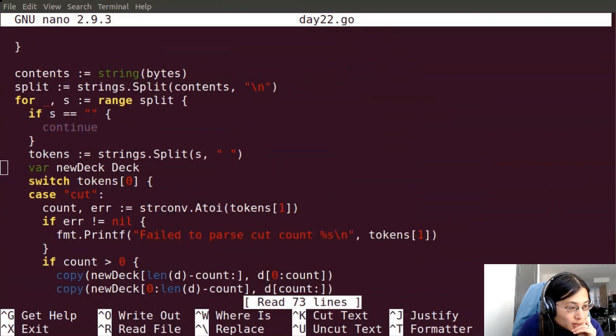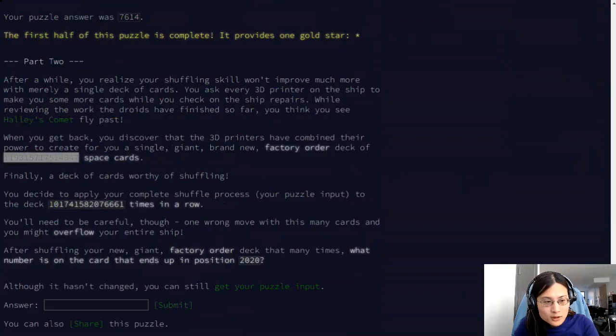The other question that I have is similar to Eric's trickery in previous days. I wonder whether there's something special about the first, like, roughly 2,000 cards, and whether I don't need to actually model doing this so many times. So let's see this. Okay. So I have a whole bunch of cards.